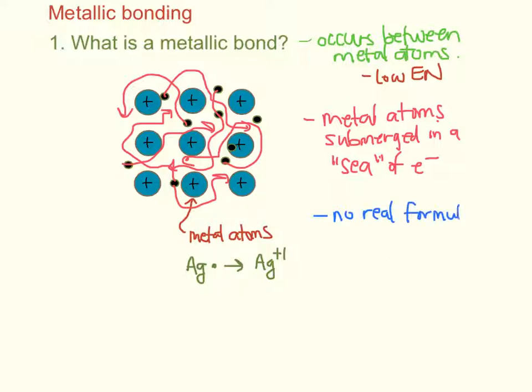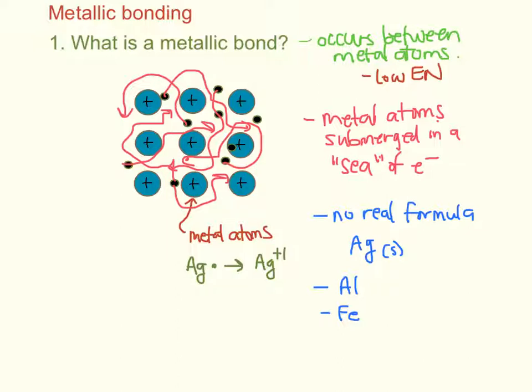If you're talking about a chunk of silver, for example, its formula is just silver, and then usually you put a little s next to it to indicate that it's a solid. Or if you have a chunk of aluminum, it's just aluminum, or a chunk of iron is just iron. So there's no real chemical formula other than just the one atom that's in that compound.